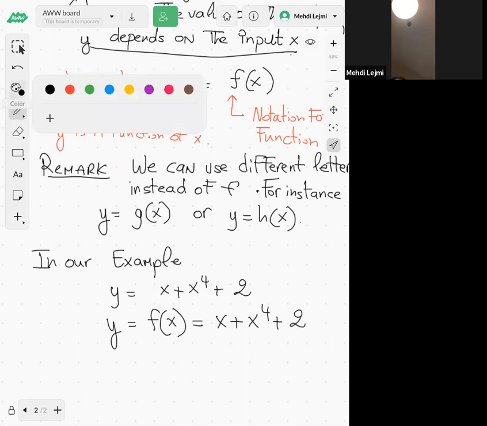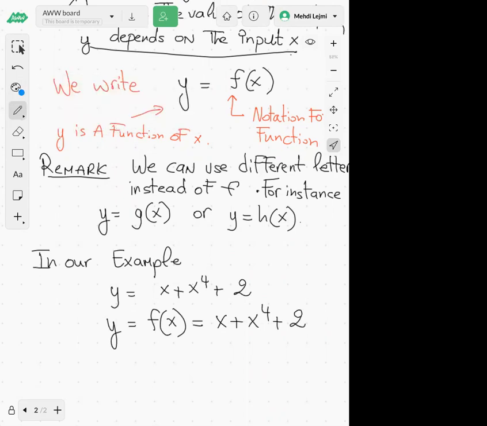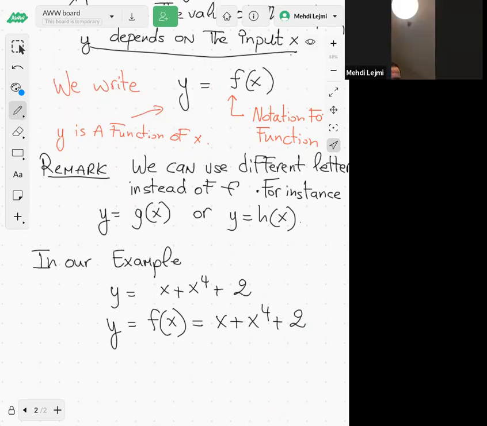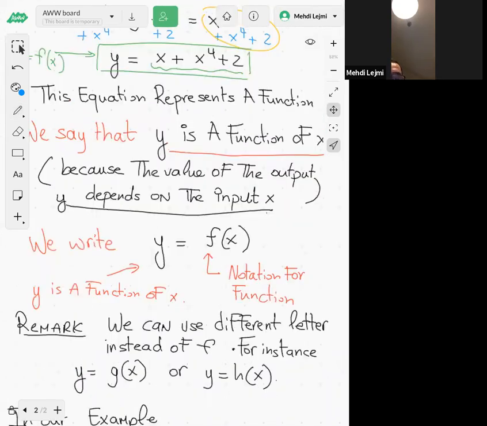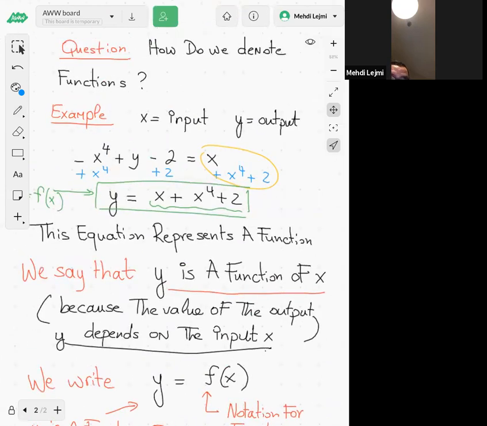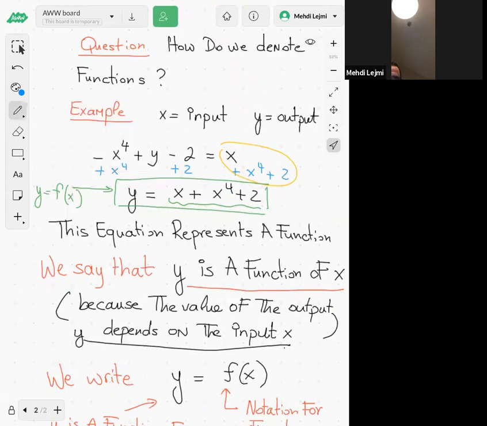So in other words, can you repeat that part, please? For example, yes, this example: y equals x plus x to the fourth plus 2, from the previous exercise. So we got this equation here, right? And all I'm saying is that in this case this equation represents a function.